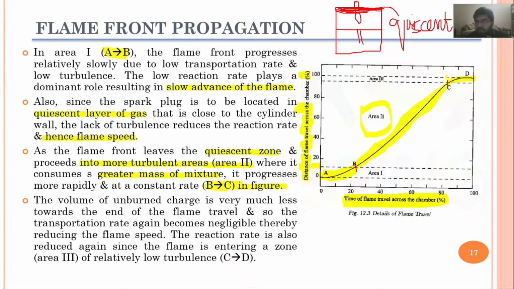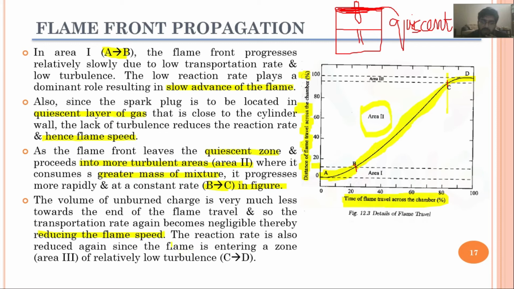Here at point C, the volume of unburned charge is very much less. So now again the flame travel has almost stopped, and the transportation rate again becomes negligible, thereby reducing the flame speed as well. The reaction rate here is also reduced because most of the fuel has already been consumed.